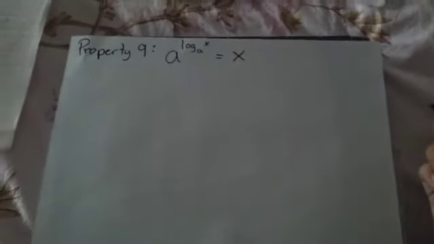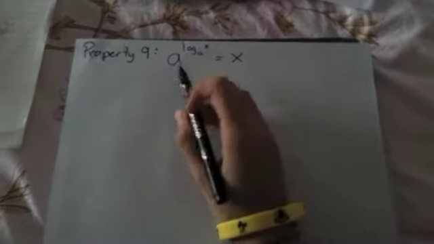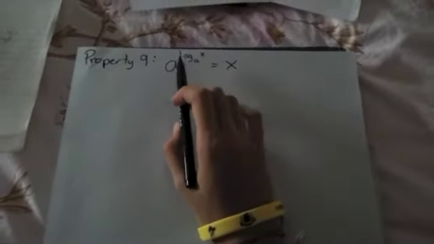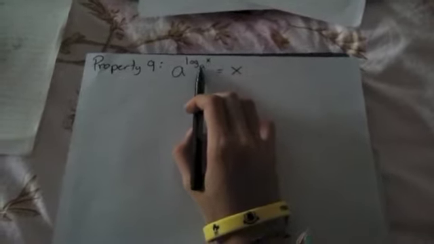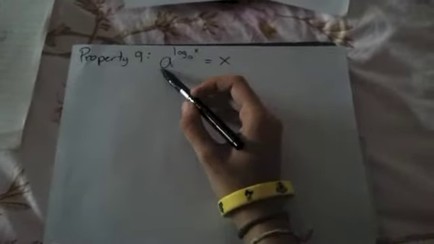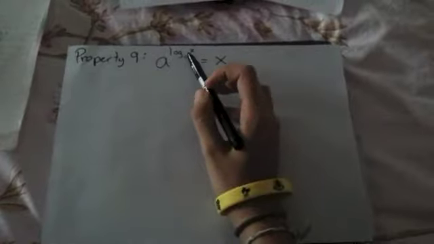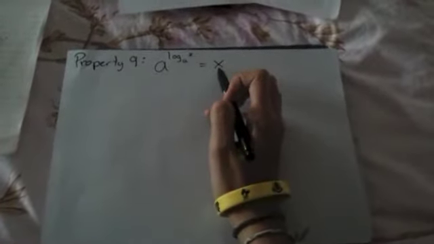So let's go to the next property. Property 9. Property 9 is so simple, where a to the power of log x in base a. As you can see here, a and a are the same, so we just bring down the x.